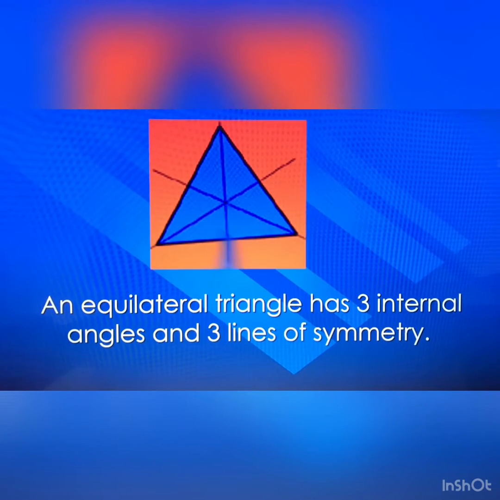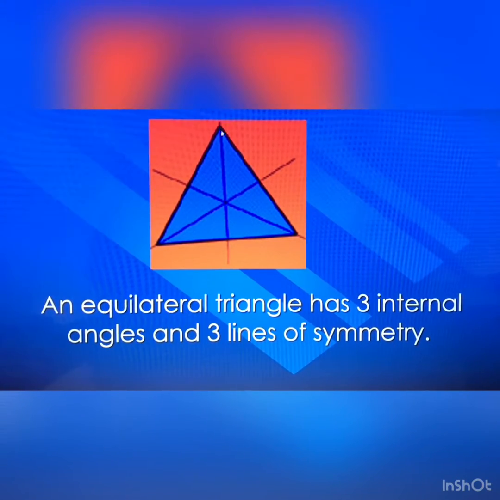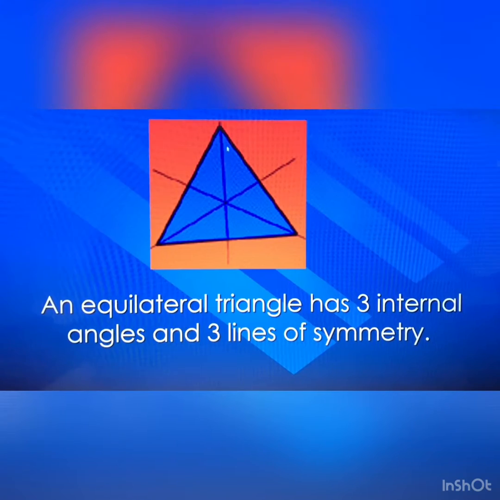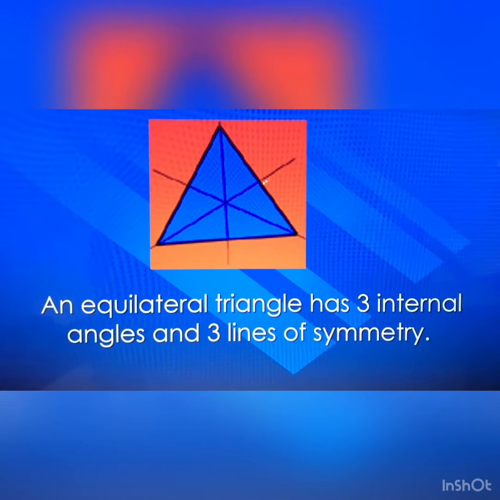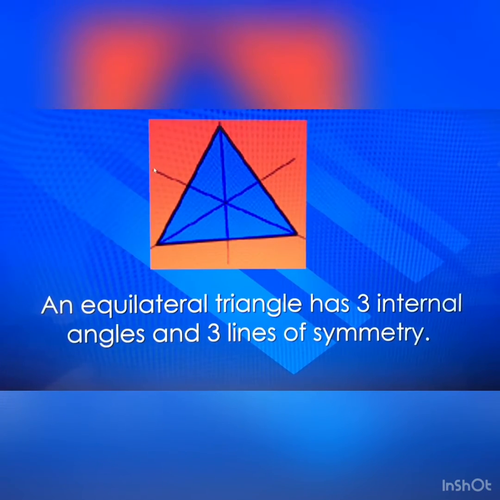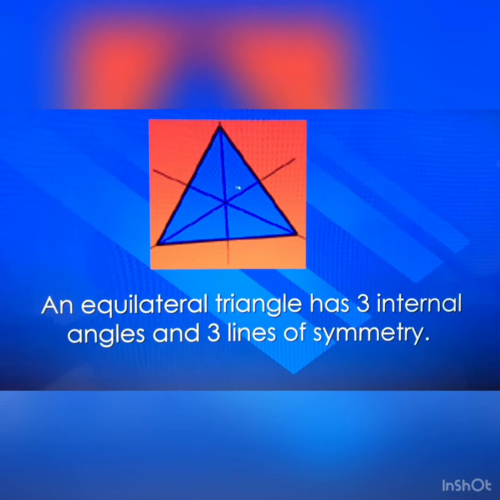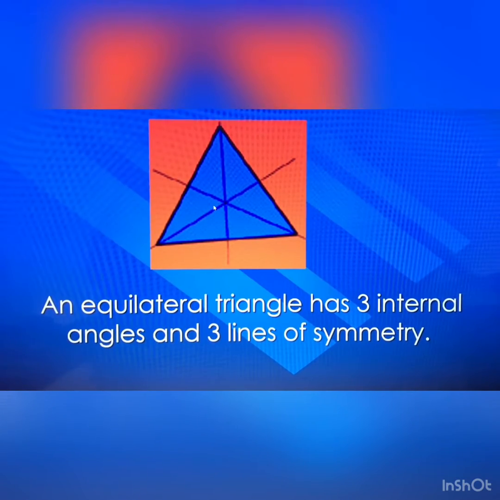You can see here, yes, of course, this is a two-dimensional figure, that is an equilateral triangle. So this is the first line of symmetry, and this is the second line of symmetry, and this one is the third line of symmetry. It means an equilateral triangle has 3 lines of symmetry.